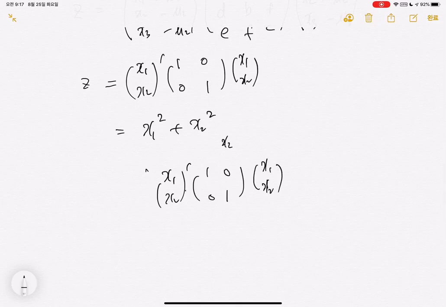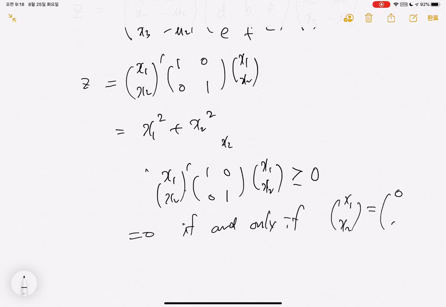The value of this quadratic form is always greater than or equal to 0, and this is 0 if and only if x1, x2 is 0, 0.